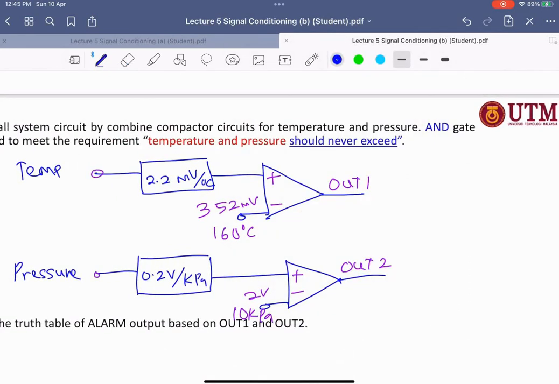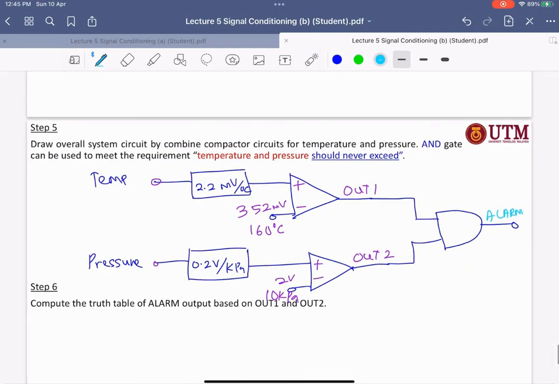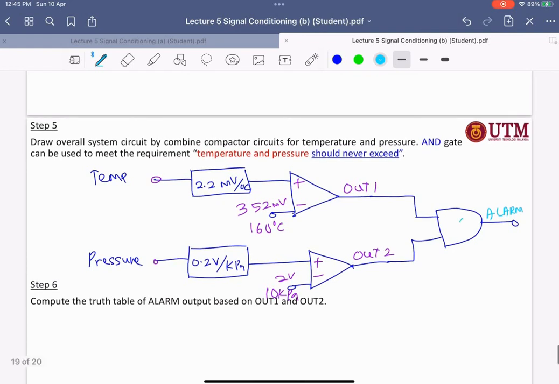You need to add the AND gate here, and the last one will be your alarm. What is meant by AND gate is you just need to multiply it, right?